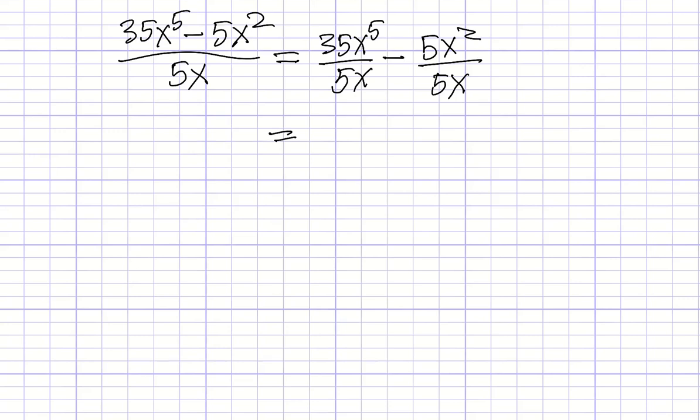I can actually write this as 35 over 5 times x raised to power 5 over x raised to power 1. Right? See right there. I can write it like that. Okay, I can say 5 over 5 x raised to power 2 minus 1. Because you have 1 here and you have 1 here. But we usually don't write it.